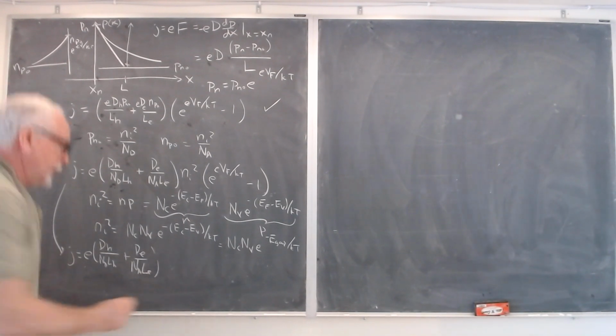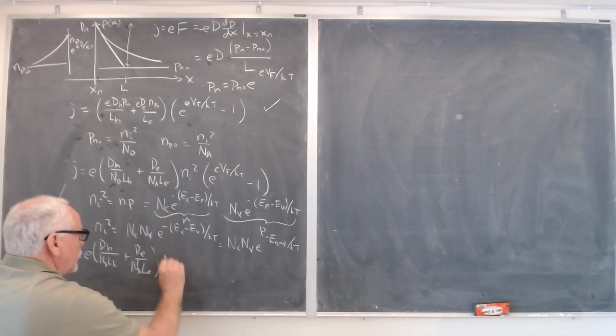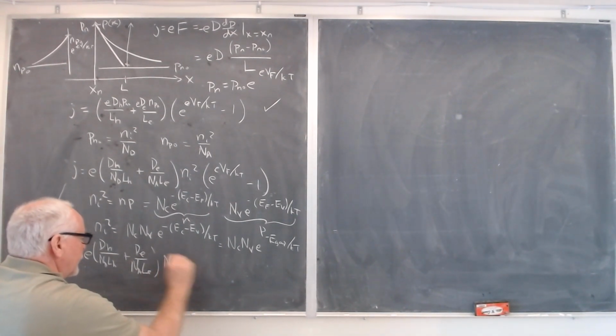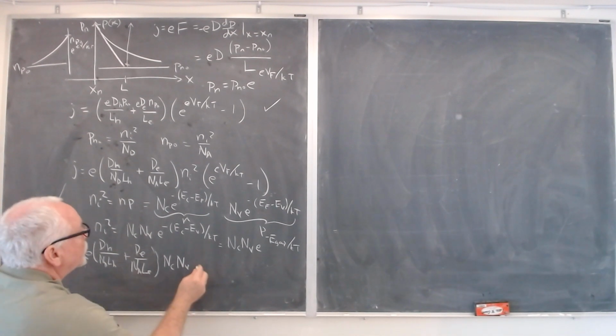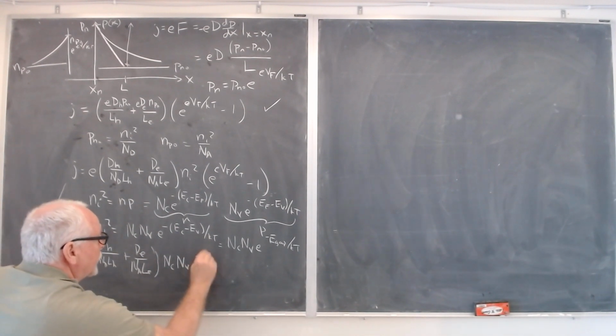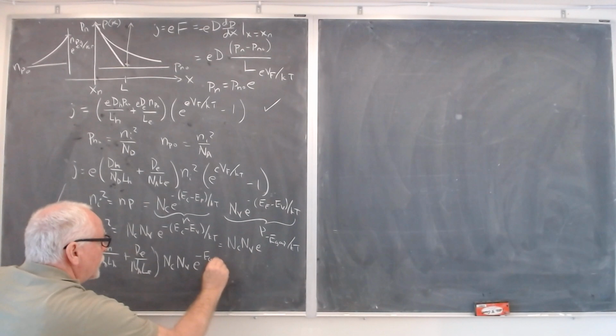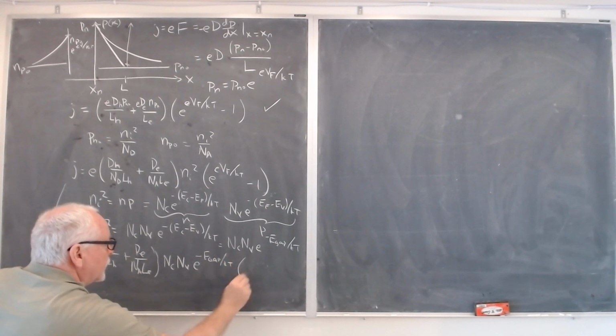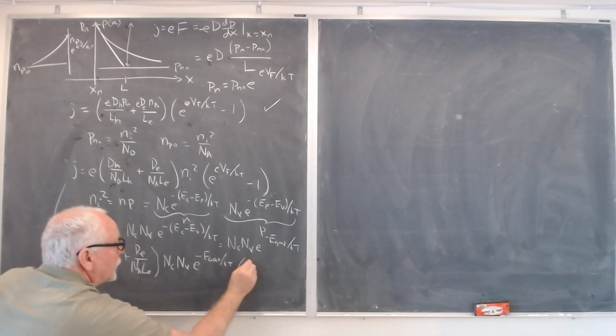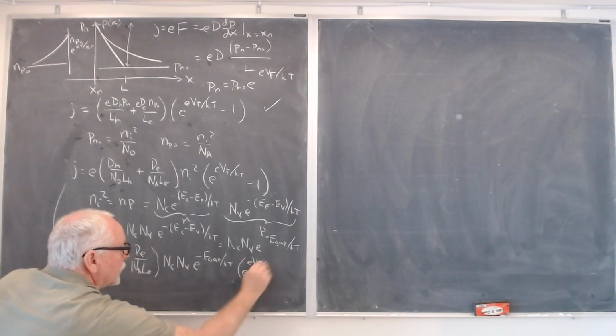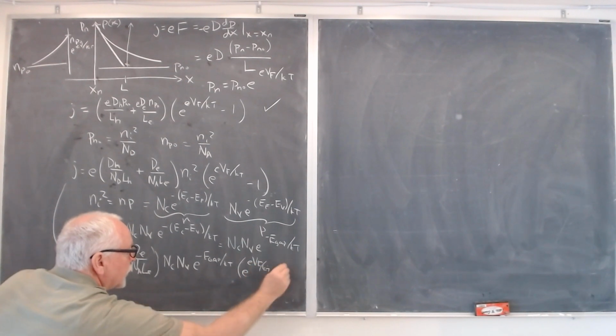and now let's plug in Ni squared. Nc Nv e to the negative E gap over KT times e to the EVF over KT minus 1.